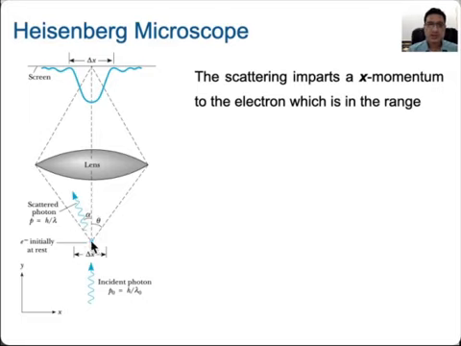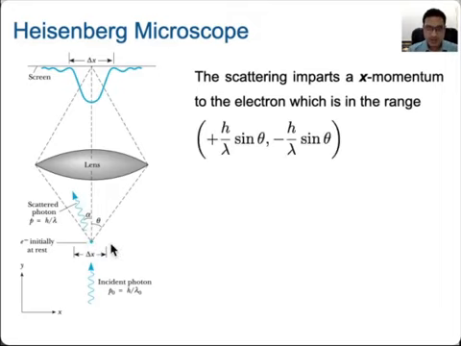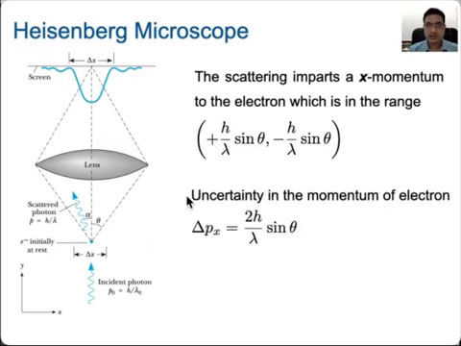So the imparted momentum on the electron is plus minus h over lambda times sine theta. So you take the component along the direction of this electron. Okay, so once you have this momentum that has been imparted to the electron, it is easy to know the uncertainty in momentum. So the uncertainty in momentum is given by 2h divided by lambda times sine theta.